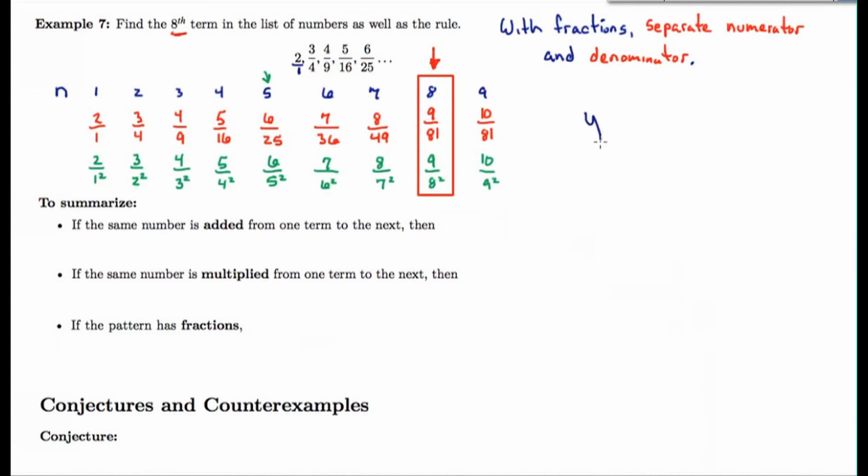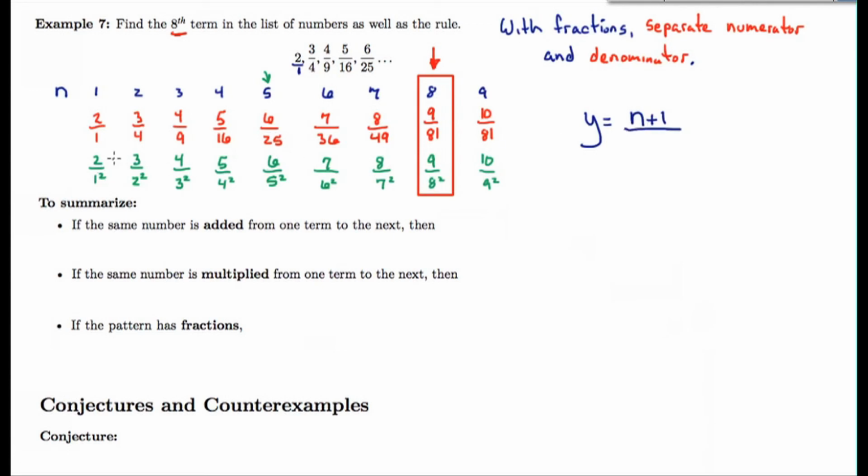So y equals, so if this is n right here, what's going on in the denominator? If n is 1, my numerator is 2. If n is 2, my numerator is 3. If n is 8, my numerator is 9. So I have to take my n and do what to it in the numerator? Add 1.